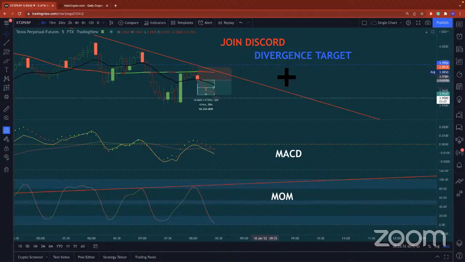As long as the oscillator doesn't make a lower low, which on the higher time frames is pointing up, it looks like we will be coming back to that line. Look at it just drop now.